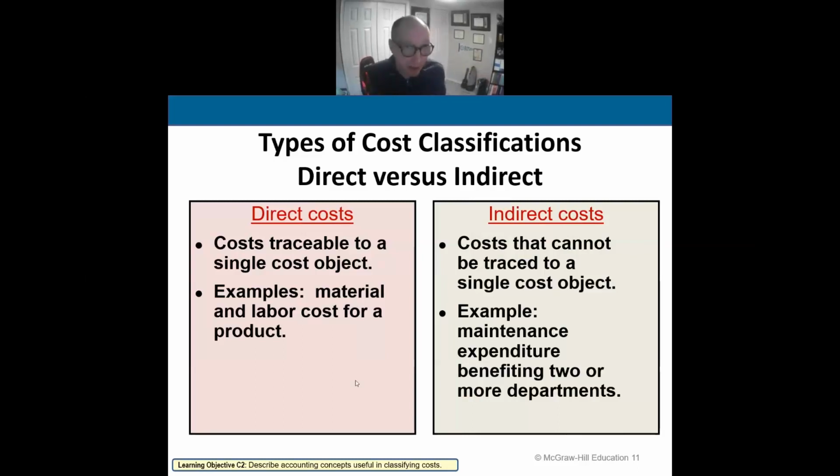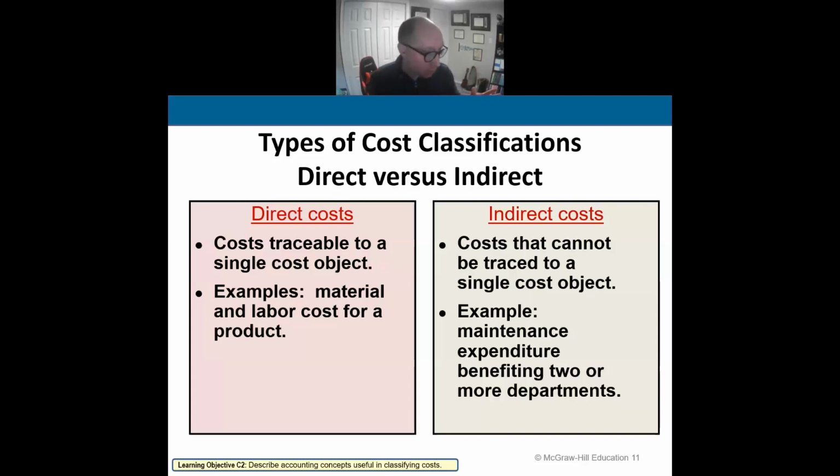Along with fixed costs and variable costs, we have direct costs and indirect costs. Direct costs are costs that can be traced to an object. In other words, these are the costs that I can directly allocate to the manufacturing of a product.